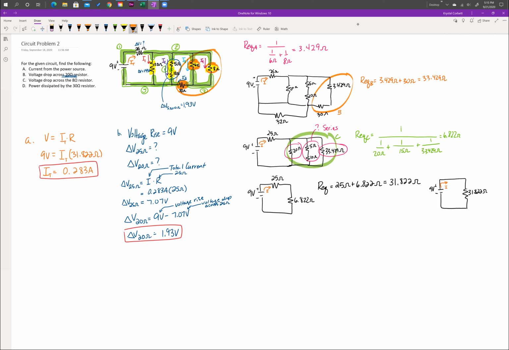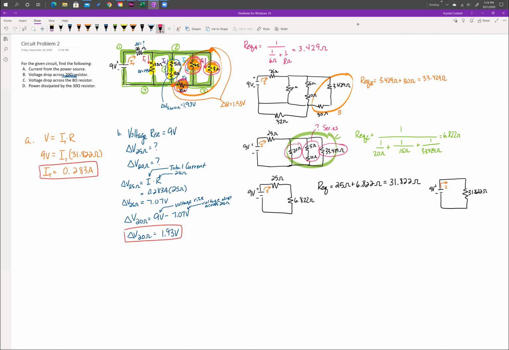So if you were to put your multimeter at this point and at this point and measure across that whole segment, it would have a voltage drop of 1.93 volts. But the voltage drop across the 6 ohm by itself and the 8 ohm by itself is not 1.93 volts. You have to include that 30 ohm resistor in there.